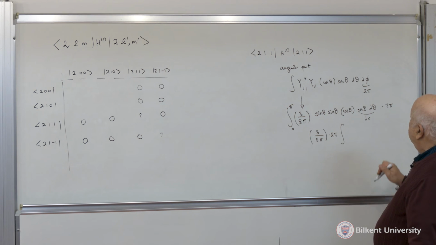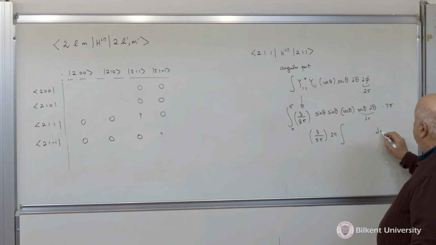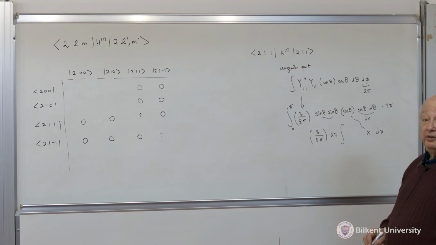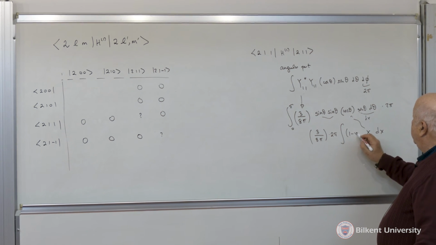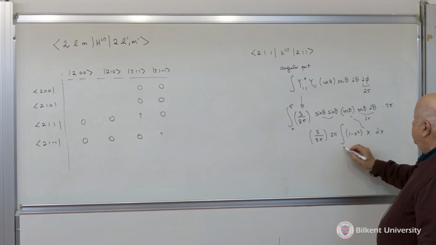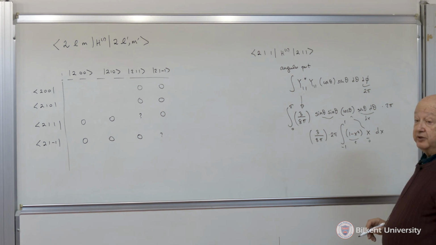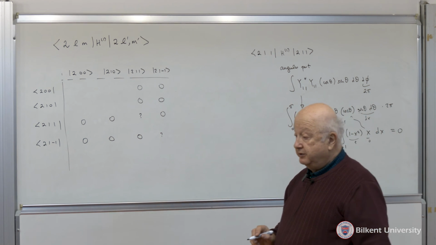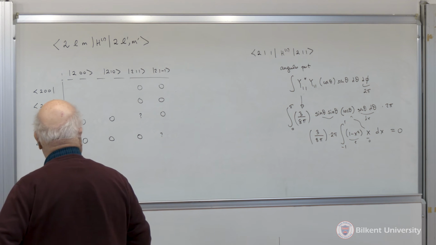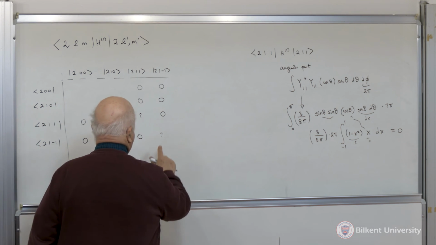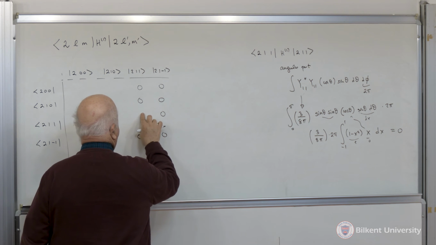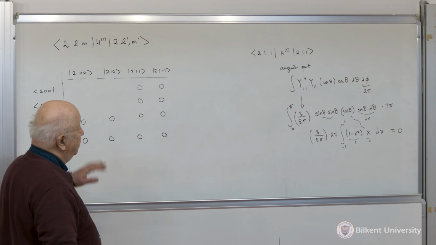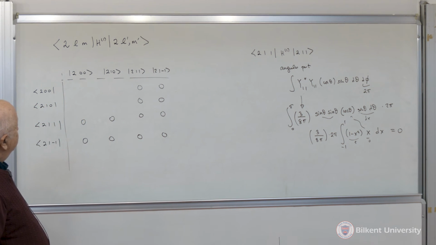And then I have an x here and a sine squared x, which is 1 minus x squared. So you see it's from minus 1 to 1. I have an even function here, an odd function there, so this is again equal to 0, just from the symmetry of these things. So very nice. This is 0, and that's 0, because independent of m, I'm going to get those.